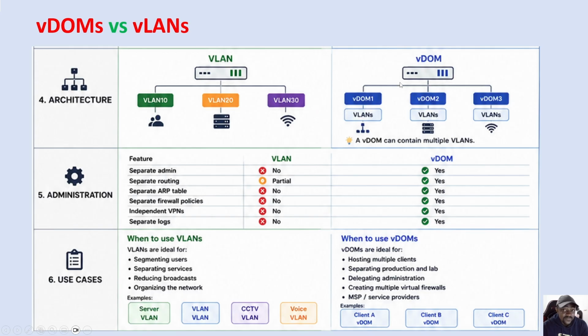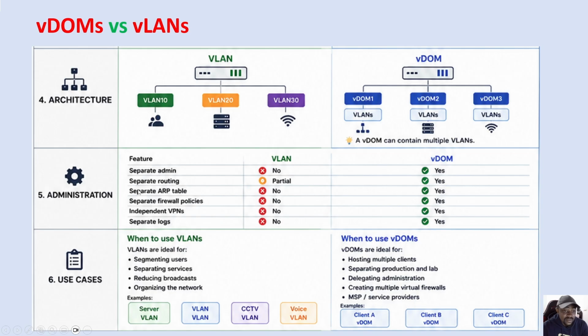A vDOM is a virtual FortiGate, an independent, complete virtual FortiGate, while the VLAN stands on a FortiGate device. For administrative purposes, separated administration for vDOM is always yes.